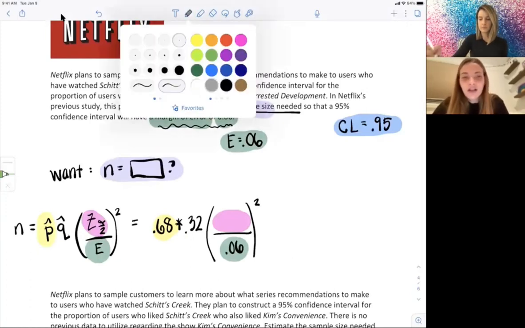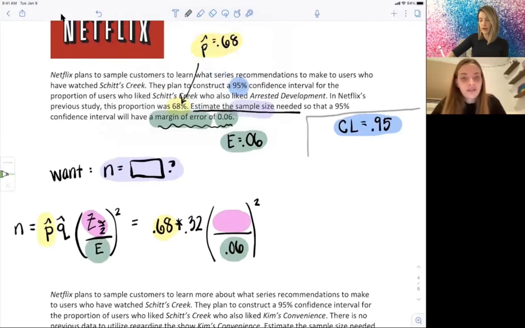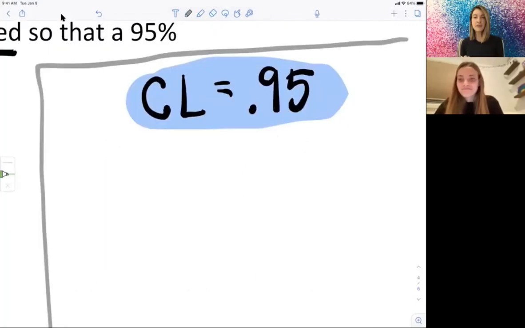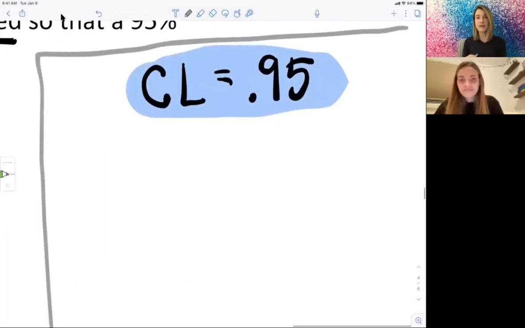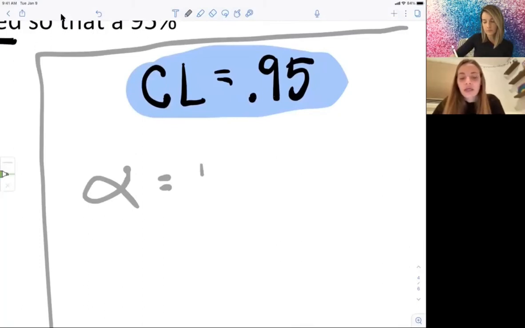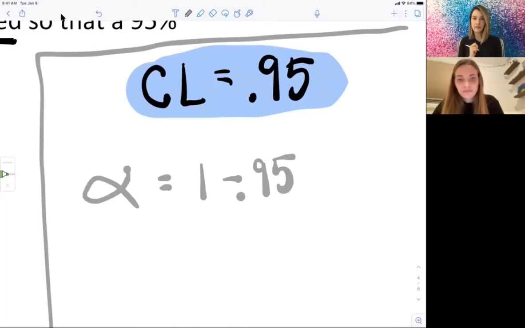That goes back to the confidence level. Exactly. Okay, so if we know that the confidence level is 95%, what is what we're calling alpha? So alpha would be 1 minus the confidence level. Correct. And that's actually also the probability of making a type 1 error. It's called the level of significance, for those of you ready for some vocab.